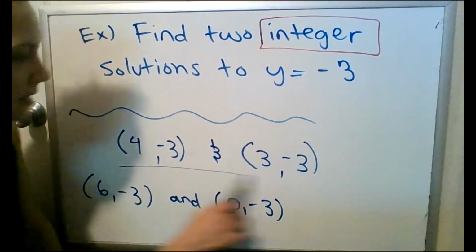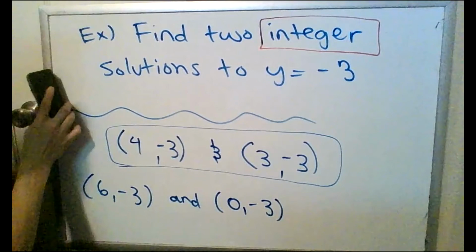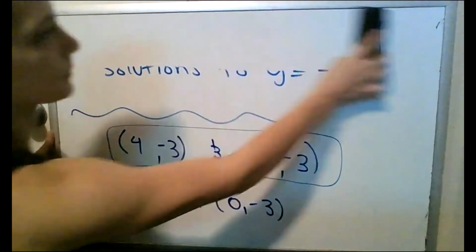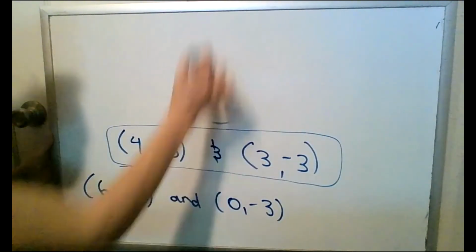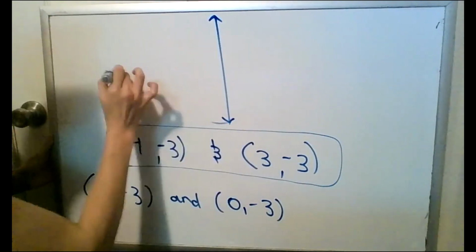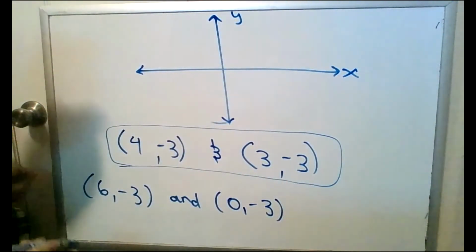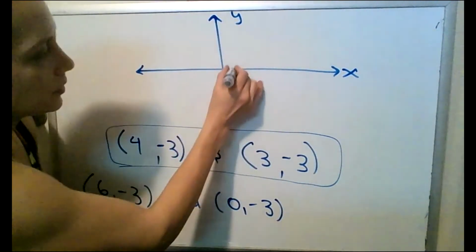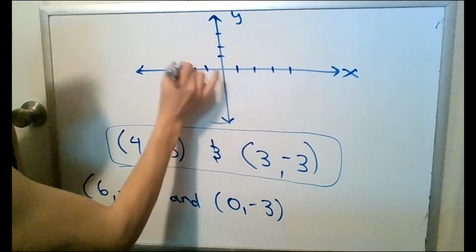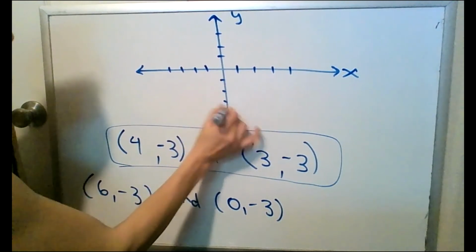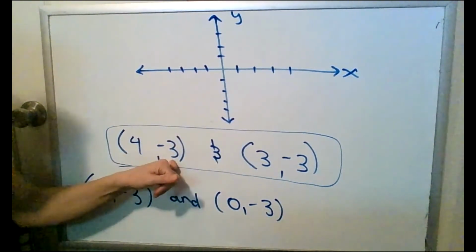Okay, let's use these points to sketch a graph. Label going 4 for my x value, down 3 for y.